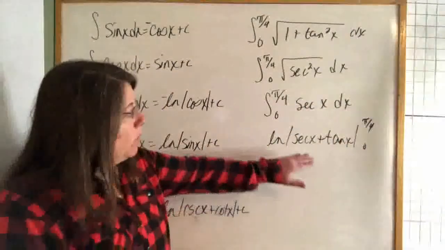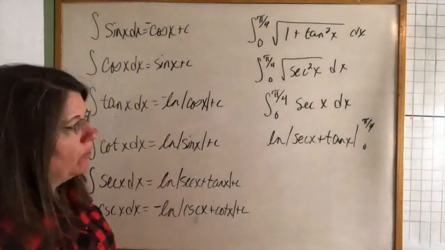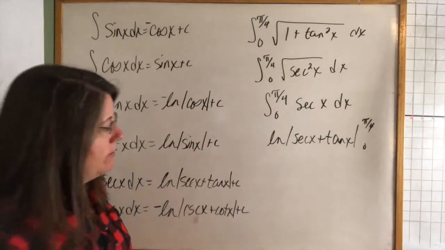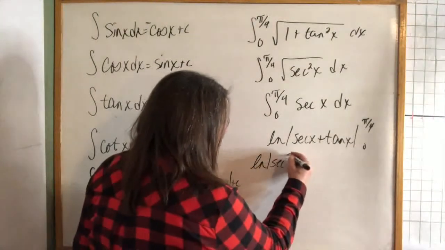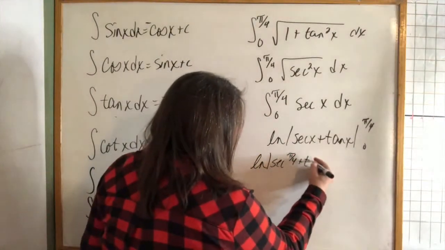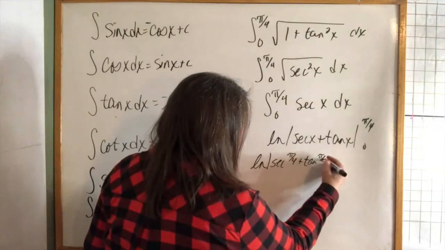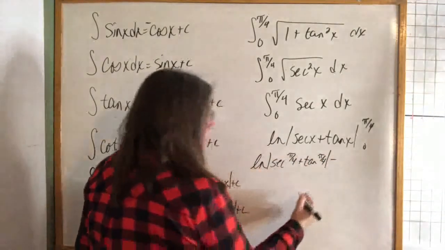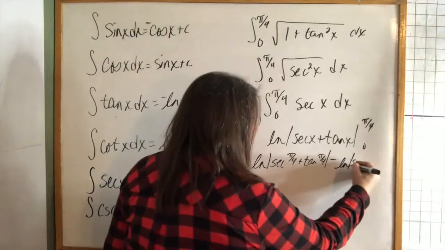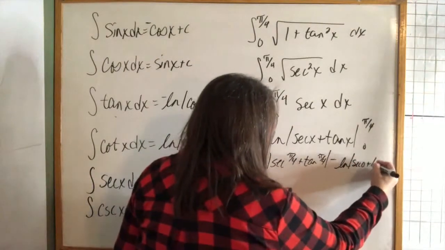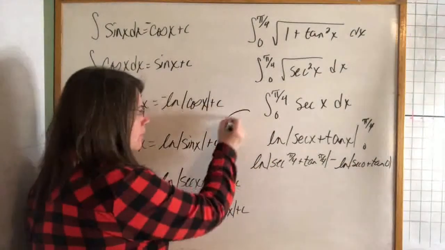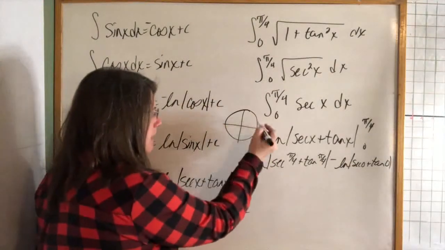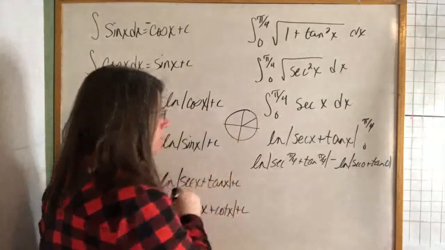So I'm going to plug in pi over 4 first, and then I'll plug in 0 second. So this will be the natural log of the absolute value of secant pi over 4 plus tangent pi over 4 minus the natural log of secant 0 plus tangent 0. If I use a unit circle and I think about pi over 4, that's at 45 degrees.